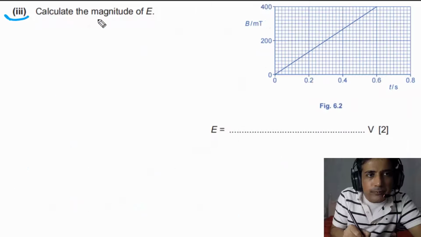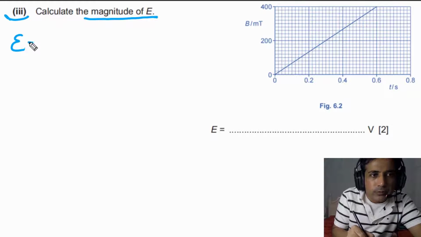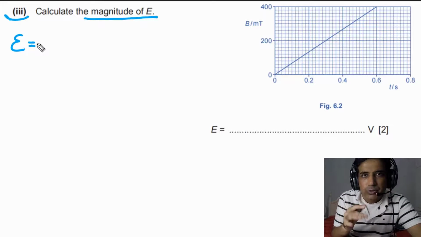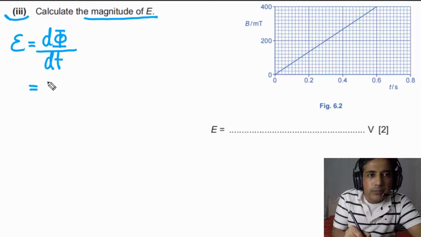For our third part, we need to calculate the magnitude of E. In order to calculate the magnitude of E, we need to understand induced EMF is equal to the rate of change of magnetic flux linkage, and we have discussed this point before. Since A is constant and N is constant, we can take them out.